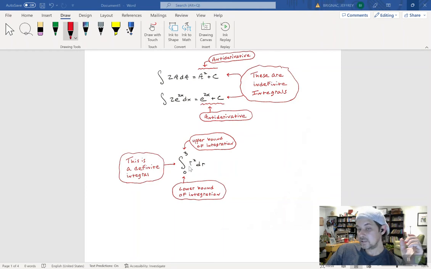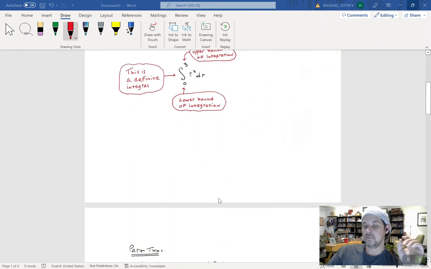You still have a function in here. This time the variable is lowercase r, and the function is r squared. Otherwise, those numbers are what makes it different. So that's what it looks like, and that's some of the vocabulary to go along with it.